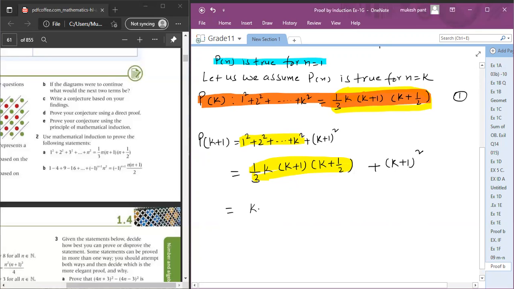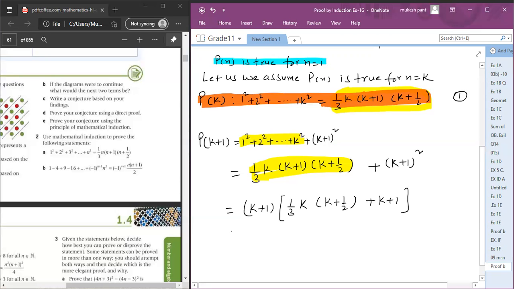So I can take k plus 1 common. Then 1 over 3, then k, and k plus half is left here, and then k plus 1 is here. Is this step clear?